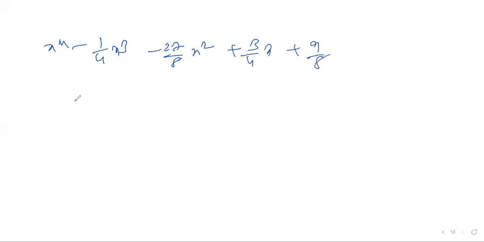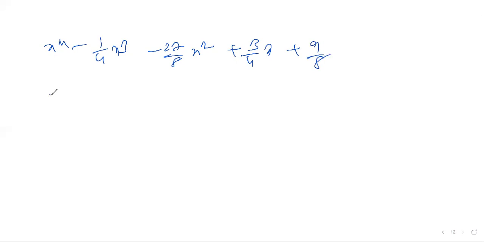I'll write very clearly. Here, take your question. What is the question here? X power 4 plus 1 by 4 x cube minus 27 by 8 x square plus 3 by 4 x plus 9 by 8 equals 0.